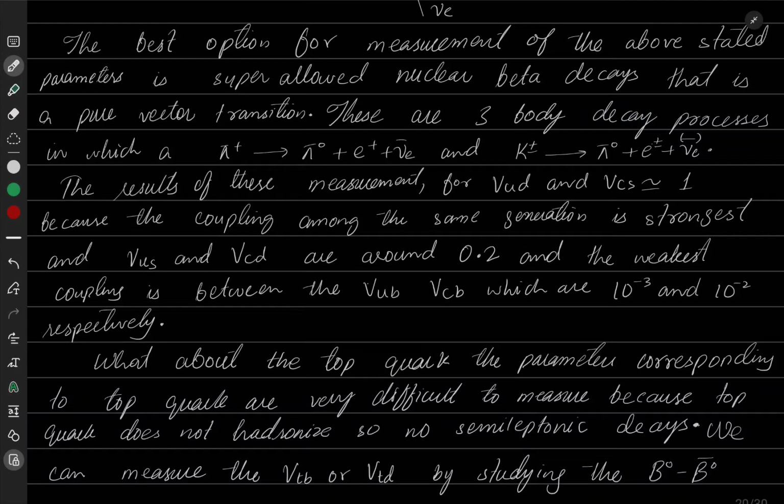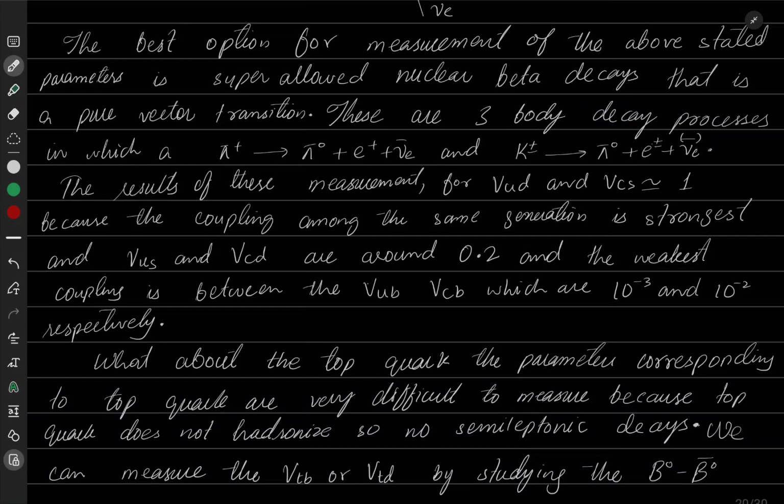Okay, so the measurement result for up and down, and charm and strange: up and down belong to the same doublet, and charm and strange also belong to the same doublet, so their coupling is the strongest one, that's why they are about 1. I will show you the explicit calculations later.